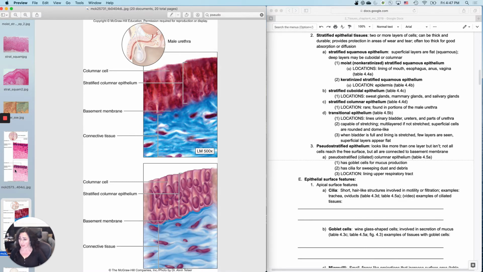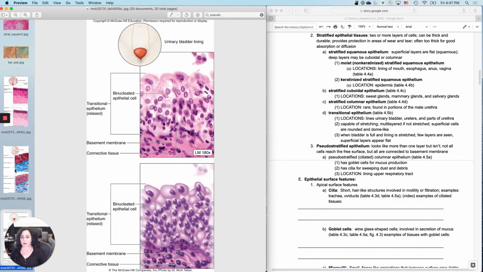Okay, and then the last of the stratified tissues doesn't use the naming convention that we're used to. This is called transitional epithelium, and it's localized to the urinary tract. What it has is that it is definitely stratified. There are cells piling on top of one another. It's definitely an epithelium.